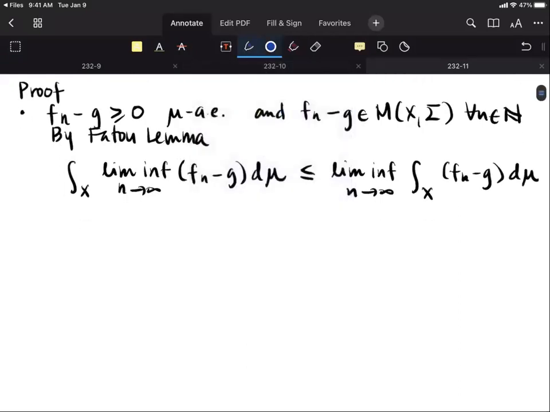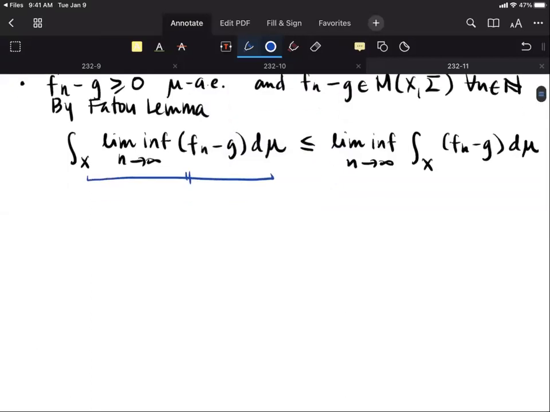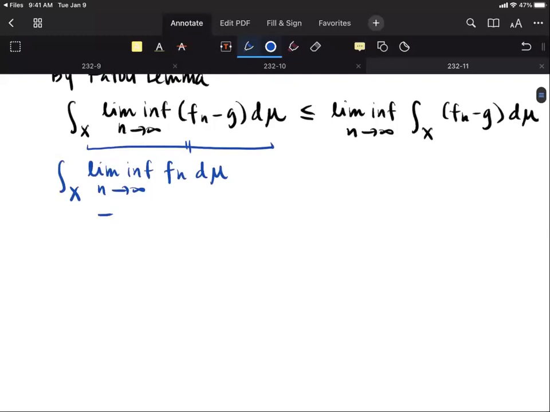Okay, so on the left-hand side, we can distribute the limit inferior, and take note that the second term, g, is independent of n.